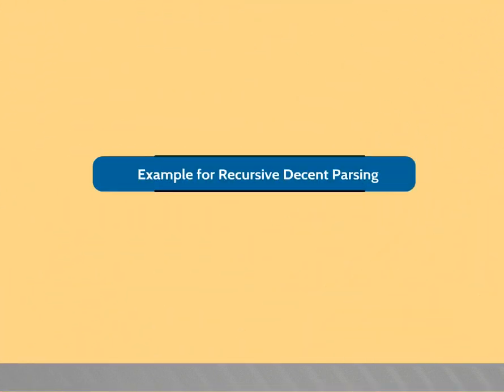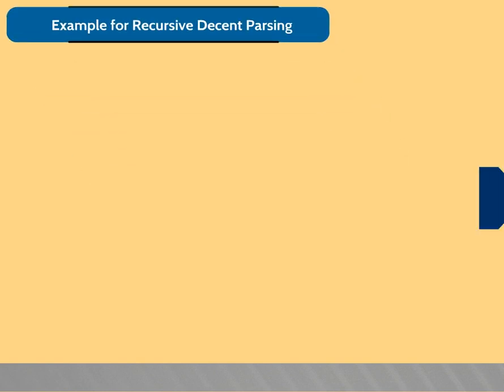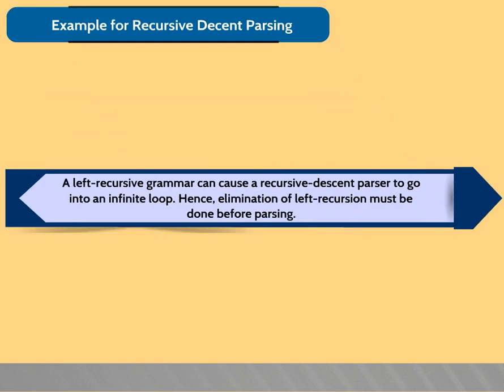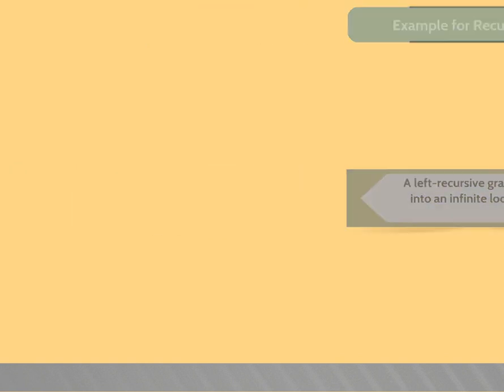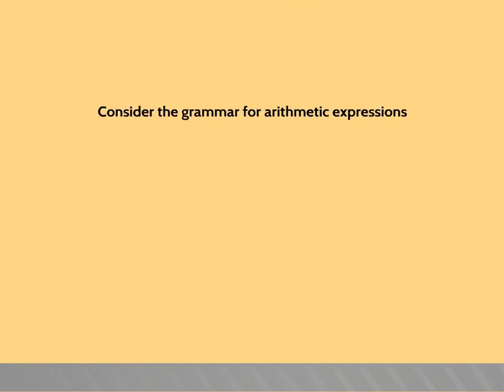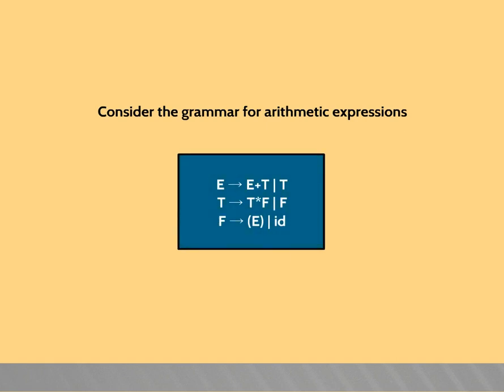Example for recursive descent parsing. A left recursive grammar can cause a recursive descent parser to go into an infinite loop. Hence, elimination of left recursion must be done before parsing. Consider the grammar for arithmetic expressions. E provides E plus T, T. T provides T into F, F. F provides E, ID.